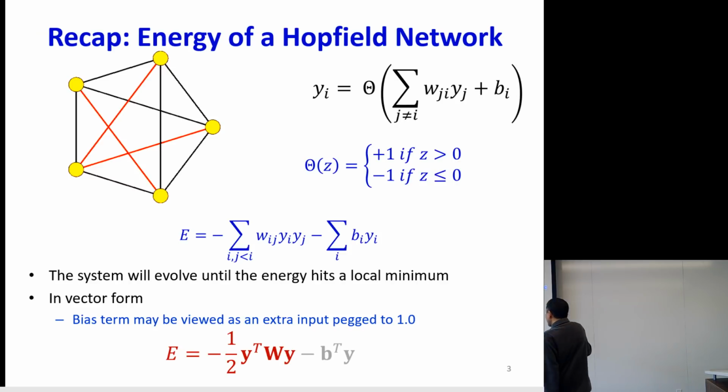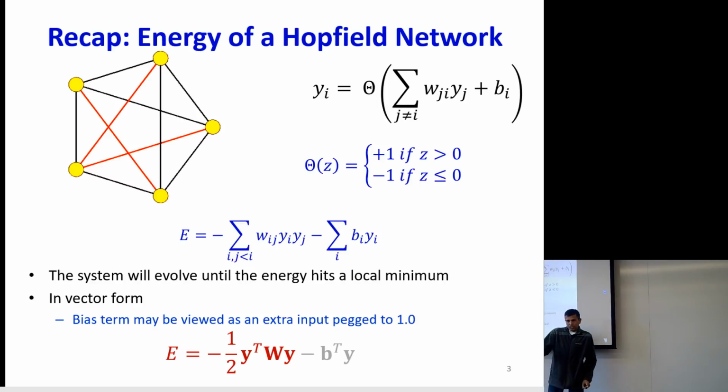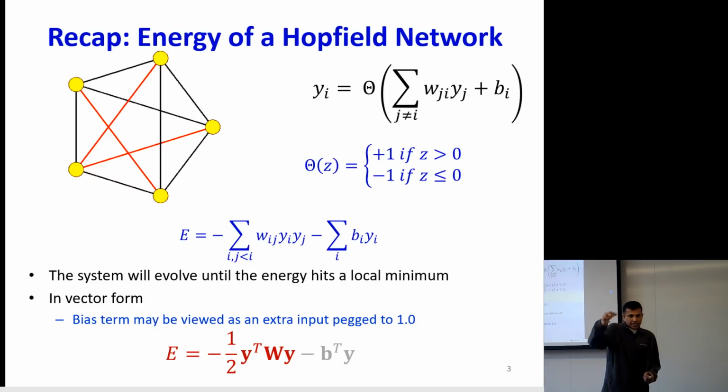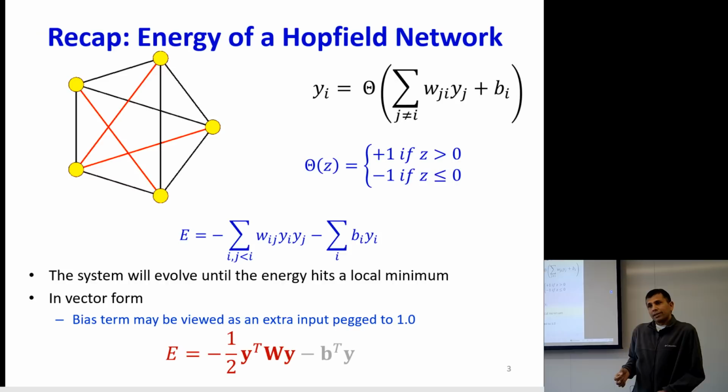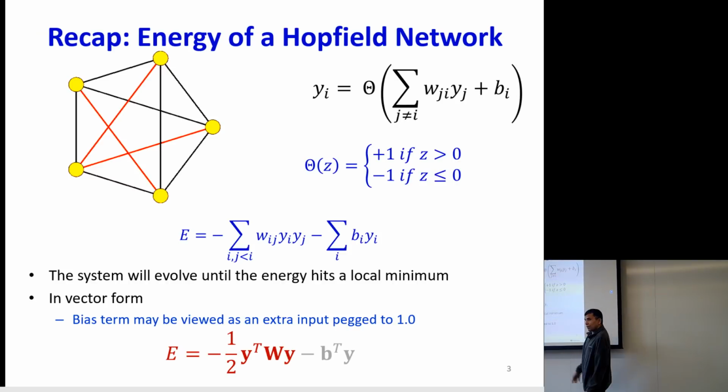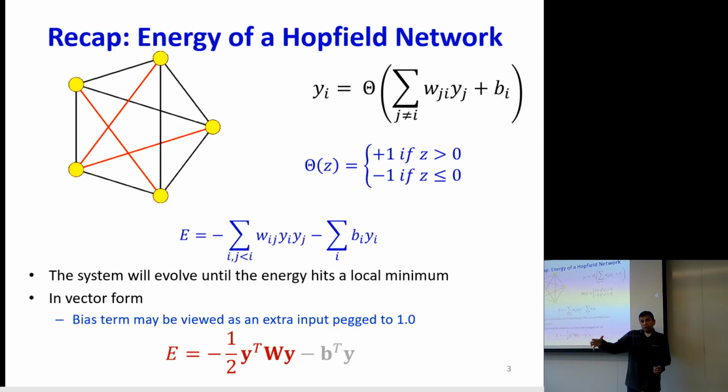Now this is a quadratic, and the state of the network, when I say state of the network, it's basically the binary pattern that is encoded by the network. And although this is a quadratic, it can have multiple local minima because we are really just working on the corners of a lattice, and we are not considering the continuous space of possible outcomes.